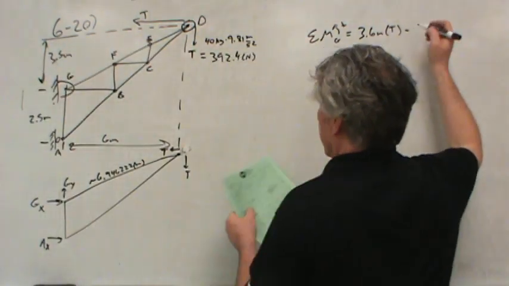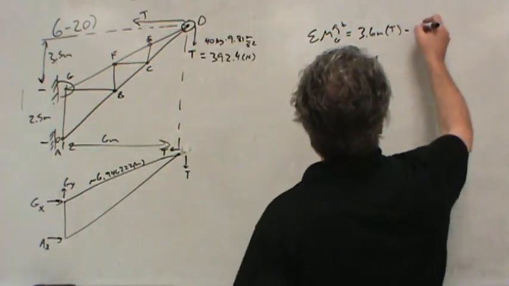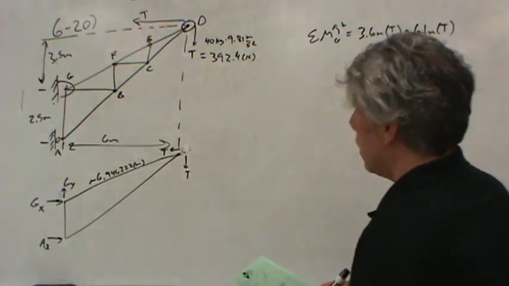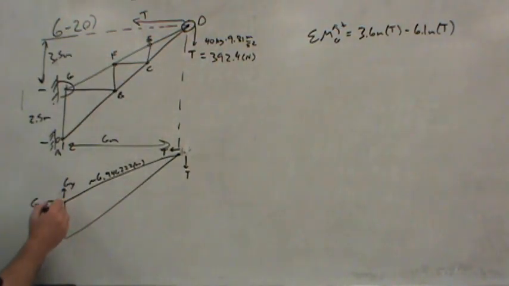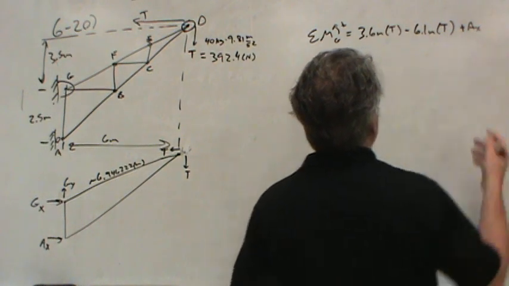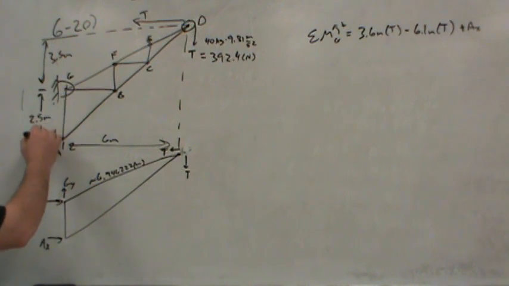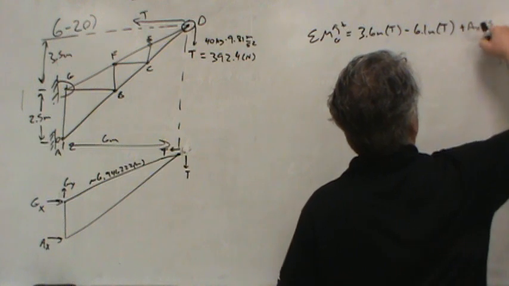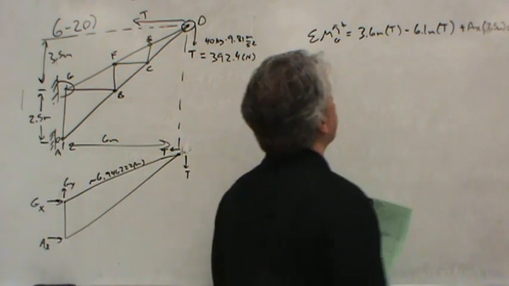So minus, now again, you'd think it would be 6, but it's actually 6.1 to get all the way out to that tension location. And other than that, there's also AX that will have a moment about G. So plus AX, and its moment arm is in fact only the 2.5 meters that we're given. So 2.5 meters equals 0.